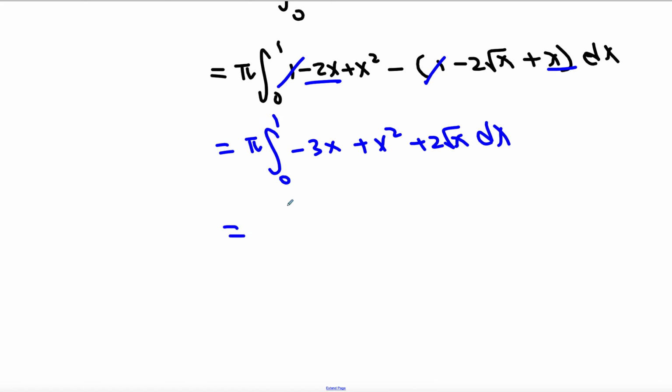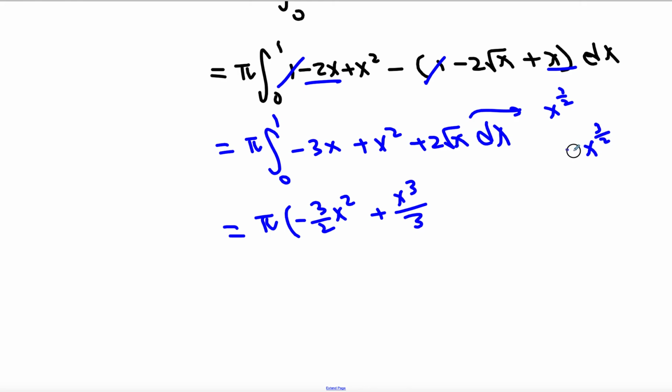Now let's try to integrate this one. So pi, and then negative 3 over 2 x squared plus x cubed over 3. Now how about here? This one is x to the 1/2 power. So when I add 1, it becomes x to the 3 over 2. Multiply that by 2/3, but we already had 2, so plus 4/3 x to the 3 over 2 power, from 0 to 1. When it's 0, everything cancels away. When it's 1, I just have to look at the coefficients here.